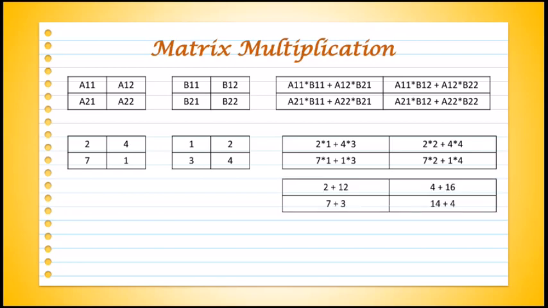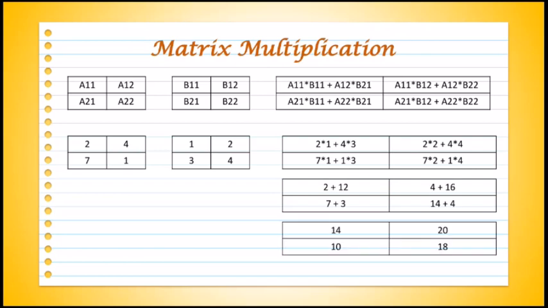We simplify that calculation: 2 plus 12, 4 plus 16, 7 plus 3 and 14 plus 4. The final result will be 14, 20, 10 and 18. In this way we can perform matrix multiplication.